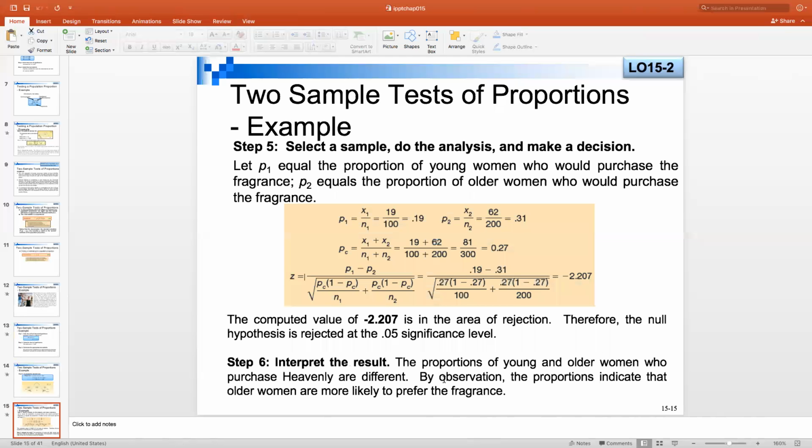So by observation, the proportions indicate that older women are more likely to prefer the fragrance. If one is higher than the other, we can say statistically that 31% is higher than that 19%.